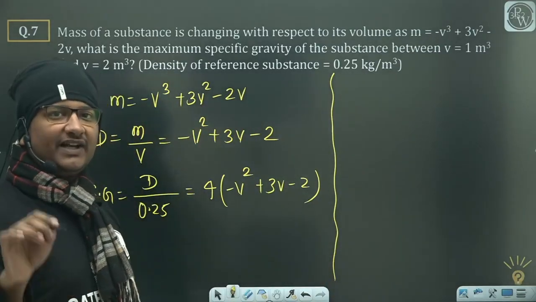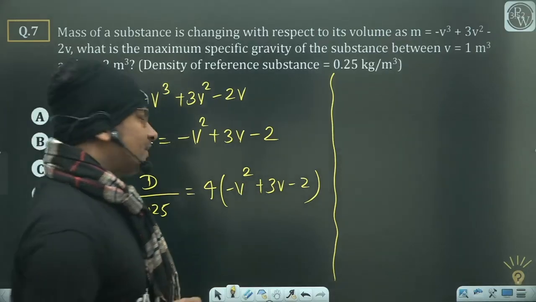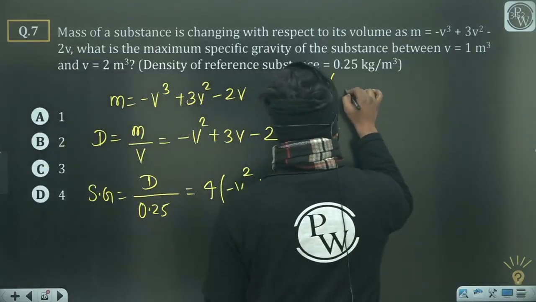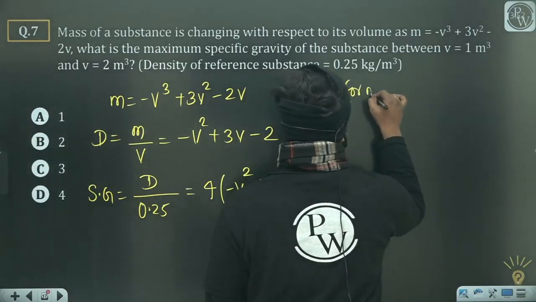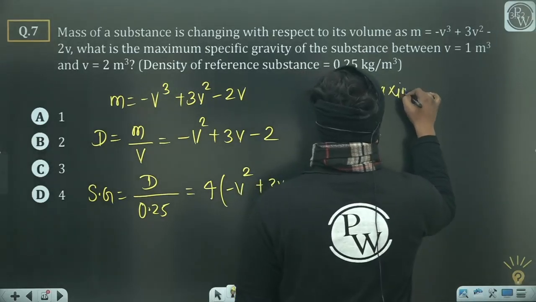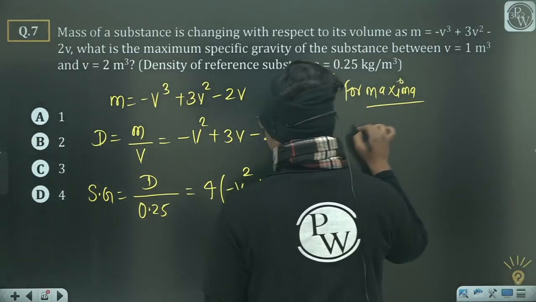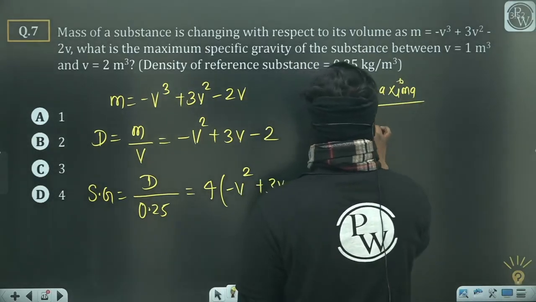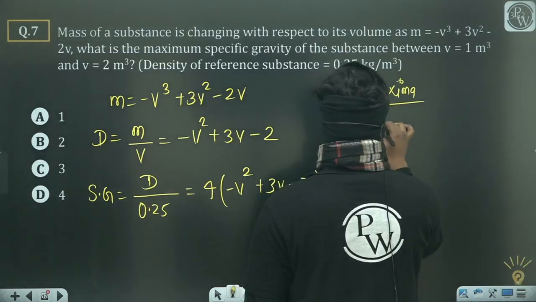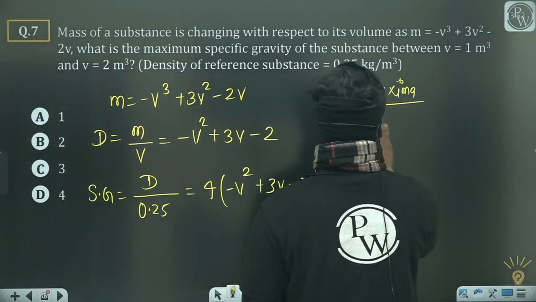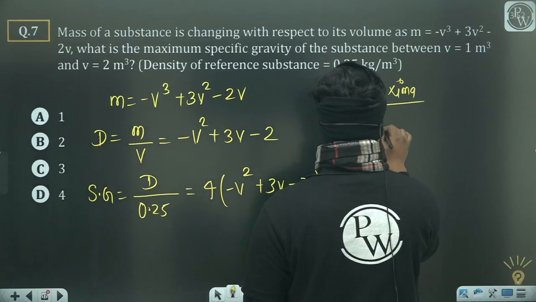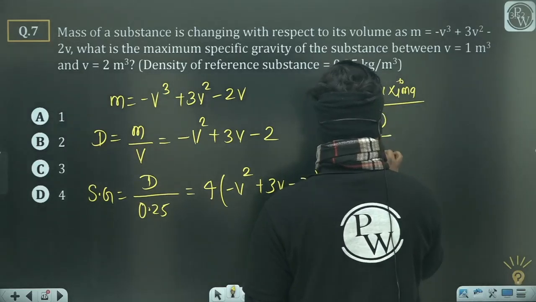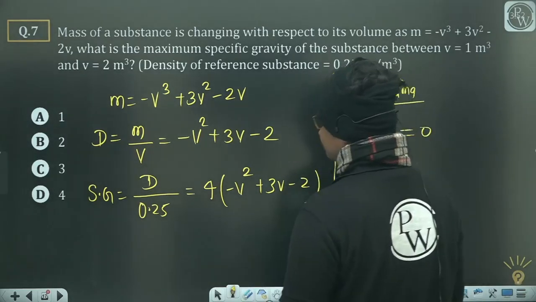To find out that maximum condition, it is the simple maxima minima condition. So for maxima value, the differentiation of specific gravity, I'm writing in short form only S, so dS upon dV should be 0.